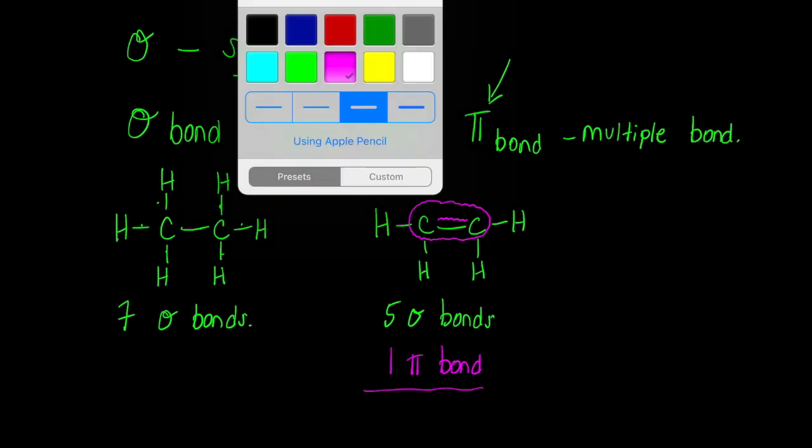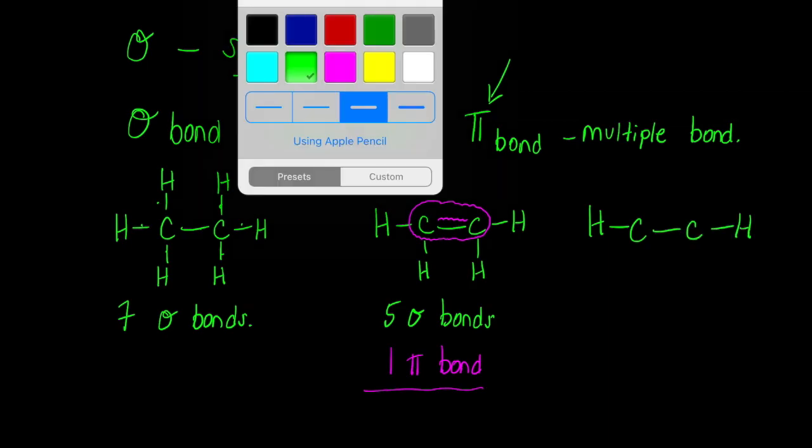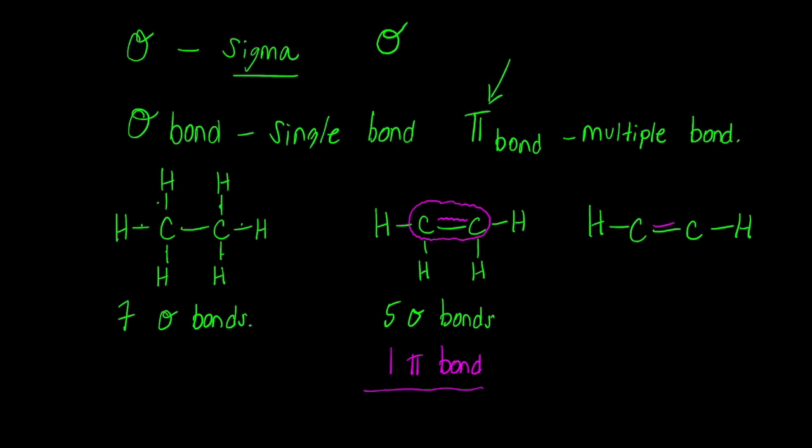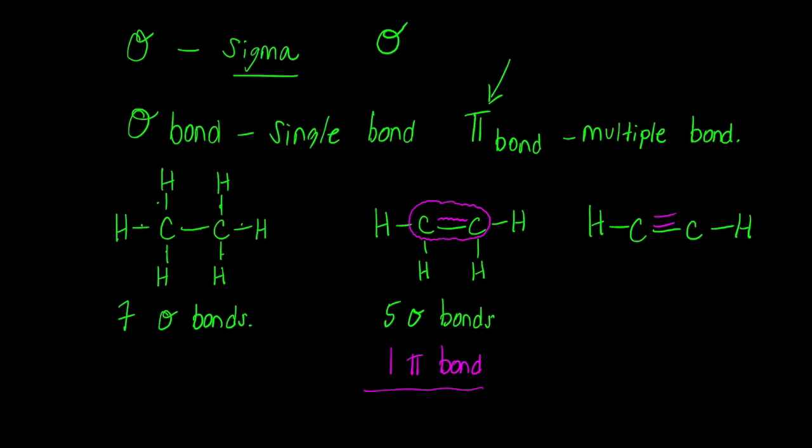Let's look at ethylene. Or not ethylene, acetylene I meant to say. And I'll draw the multiple bonds in purple. Okay? So we call this a triple bond, right? But when you count 1, 2, 3. So everything has a single bond.